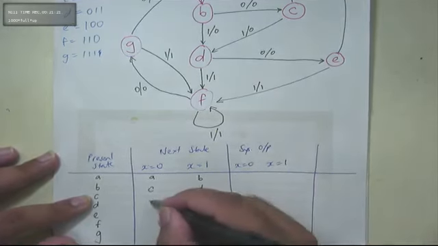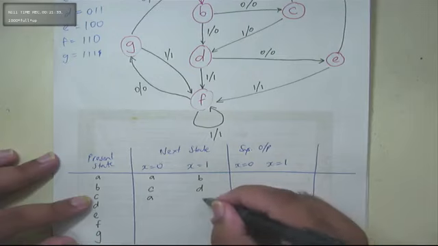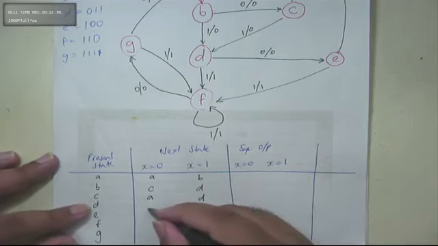Now C. If X is 0, come on, help me out. Let's fill this out, guys. That will be A, right? And this one will be D again. That's D.